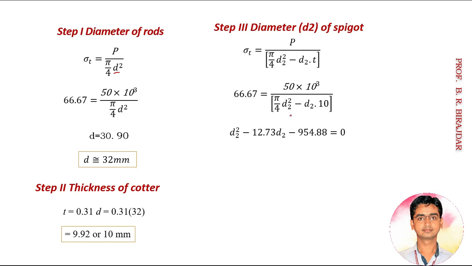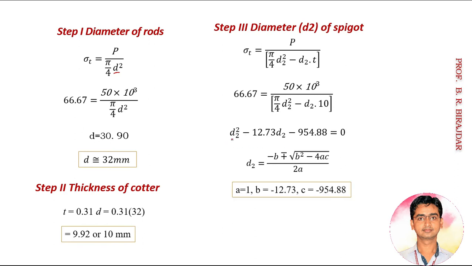I will put all these values and we will get the unknown d2. And by calculating this we will get one quadratic equation, d2 square minus 12.73 d2 minus 954.88 is equal to 0. So we know how to find the roots of this quadratic equation, that d2 is equal to minus b plus minus under root b square minus 4ac divided by 2a. Here the value of a is 1, b is minus 12.73 and c is minus 954.88.